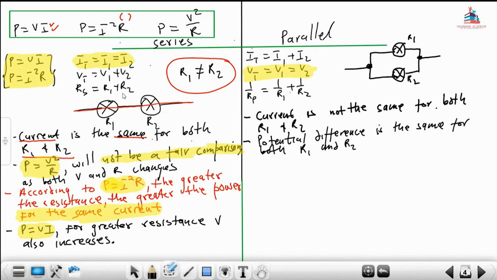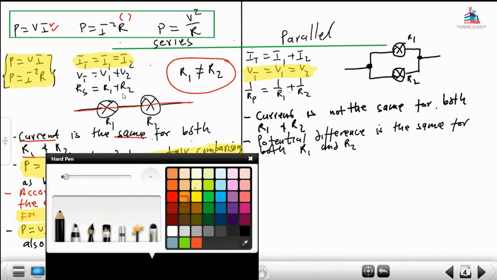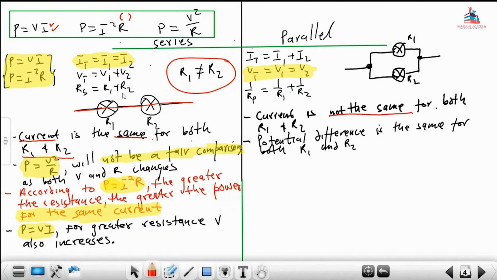So if that is the case, it basically says we need an equation where R changes but V stays the same. Because once we have the one where current also changes, that will not be a fair comparison.